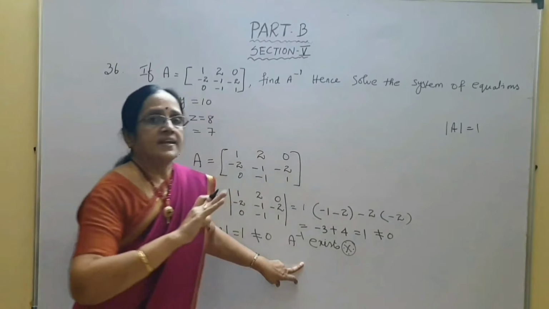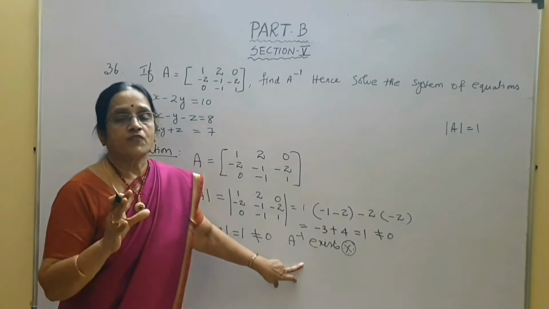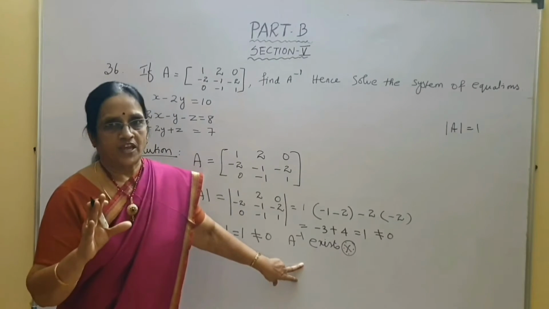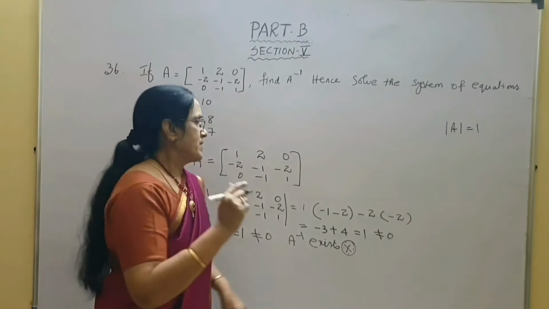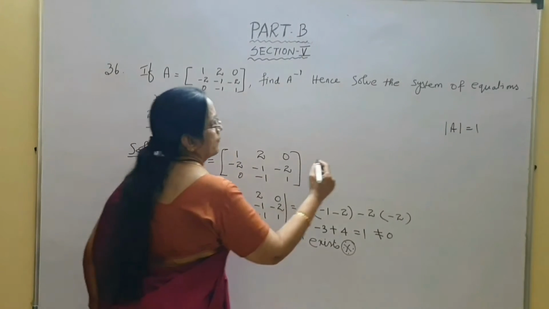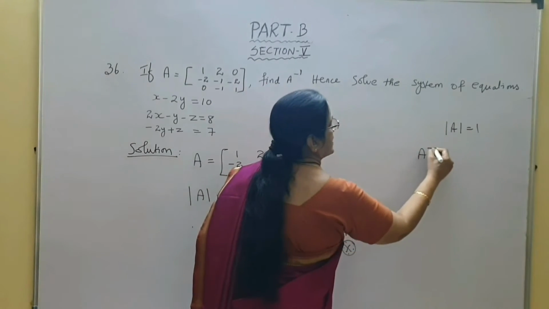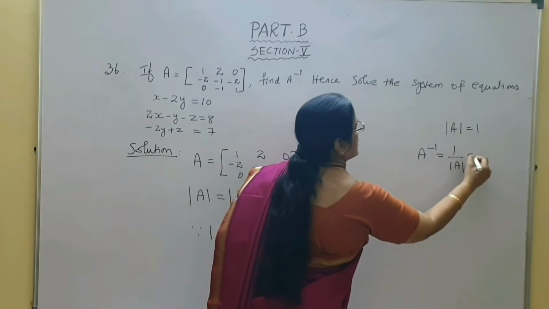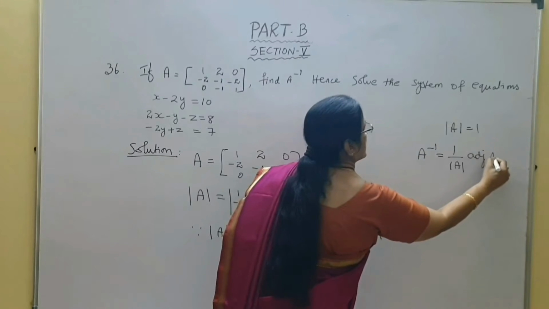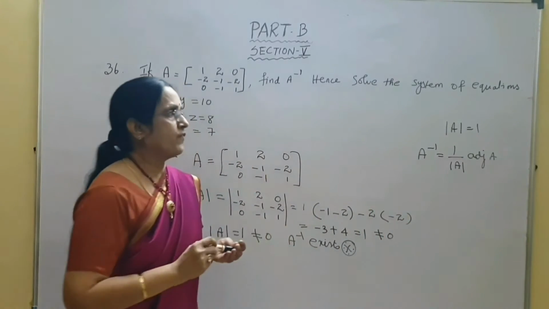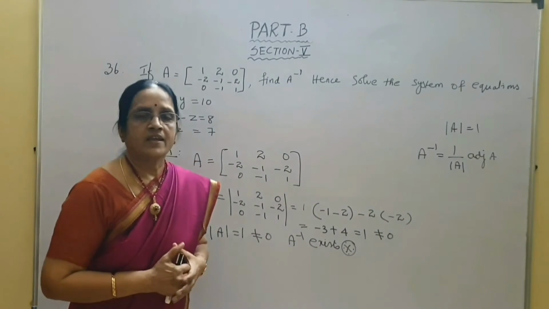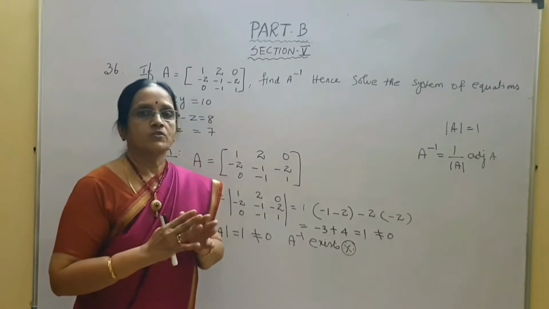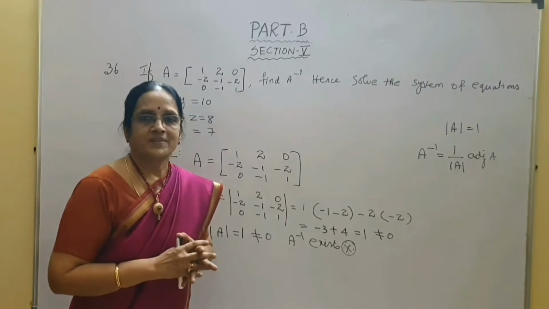And then the next step is we need to find out adjoint of A. Because the formula for finding out A inverse is 1 by determinant of A into adjoint of A. To find out adjoint of A, I need to first find out the cofactor matrix.